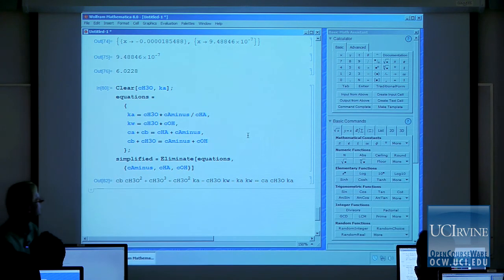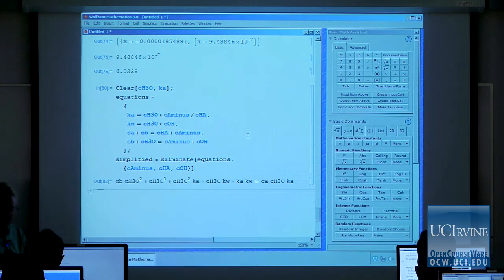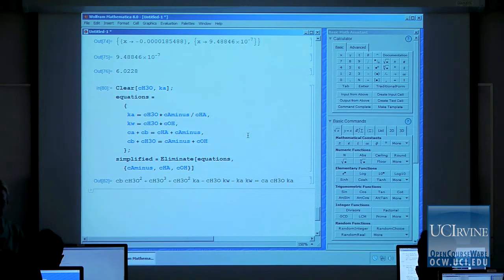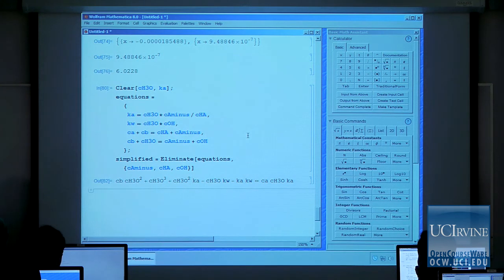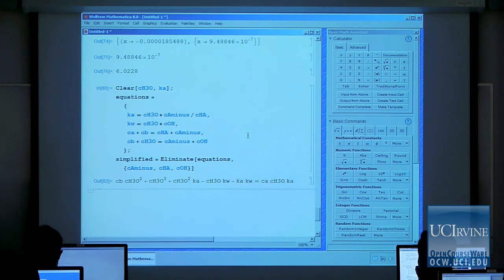And what order equation do I have here? I have a cubic. So I wouldn't want to solve this by hand. I would either have to use some approximations if I was in a regime of concentrations where that would be sensible, or since I have it typed into Mathematica, I can get the general solution. The way I could do that is I could say roots equals Solve, simplified, for CH3O.